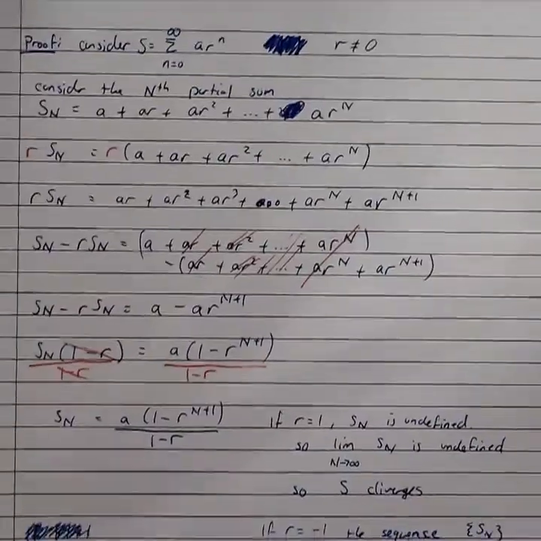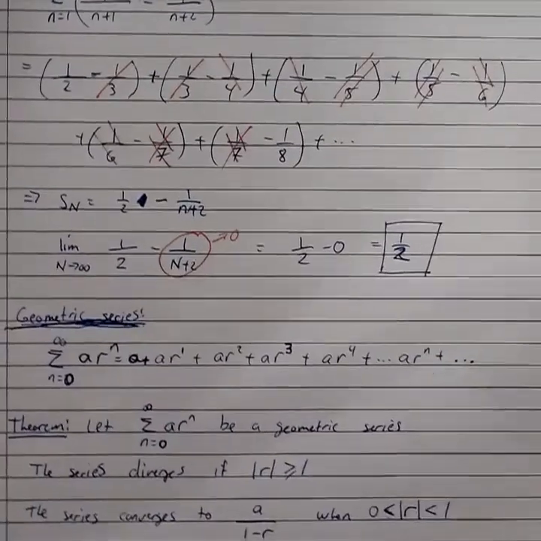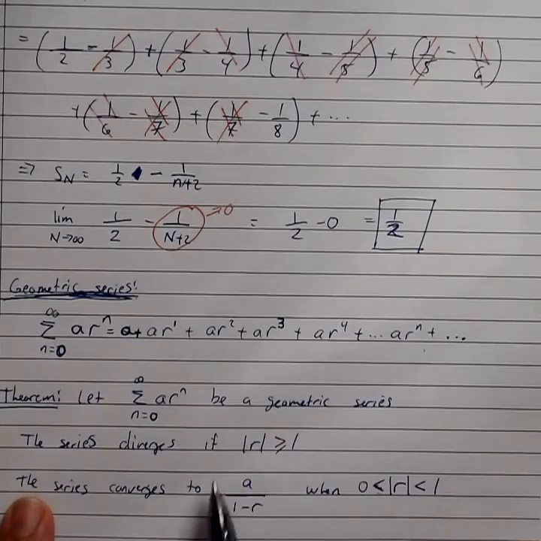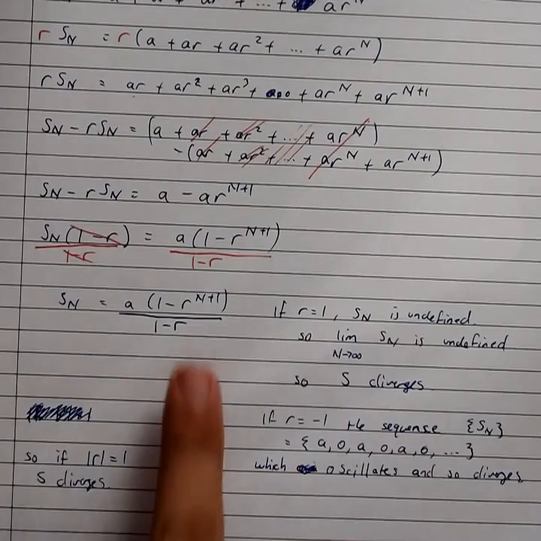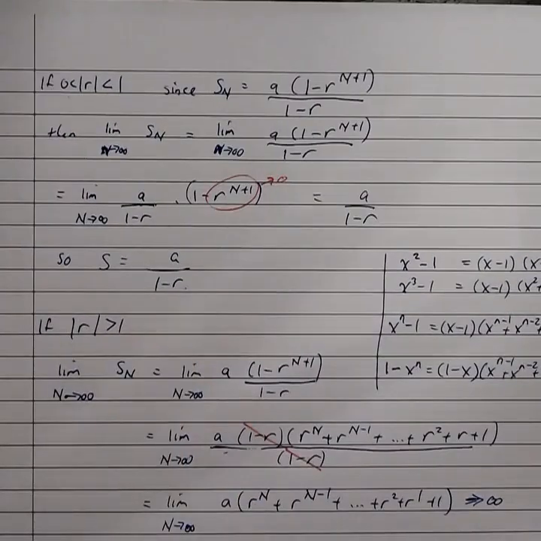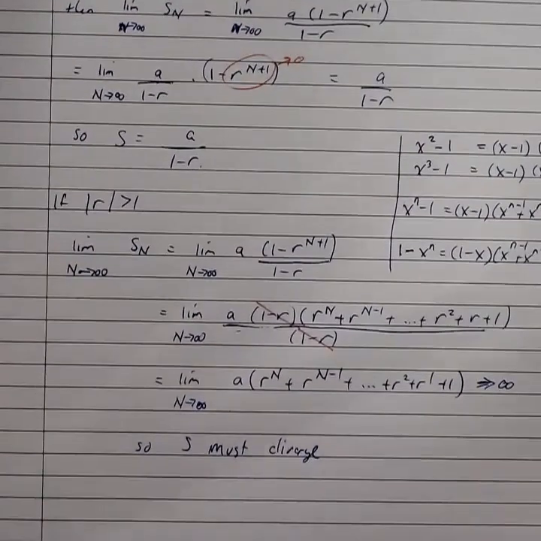And so that concludes our proof, namely, if your absolute value is greater than or equal to 1, the whole thing diverges, but when it's between 0 and 1, it converges to a over 1 minus r, just as we see right here. All right. So that concludes our proof. The proof of that may be a bit involved, but it is worth it because it does give us one of the nicest series possible. The geometric series is very nice, simple, and easy to work with.